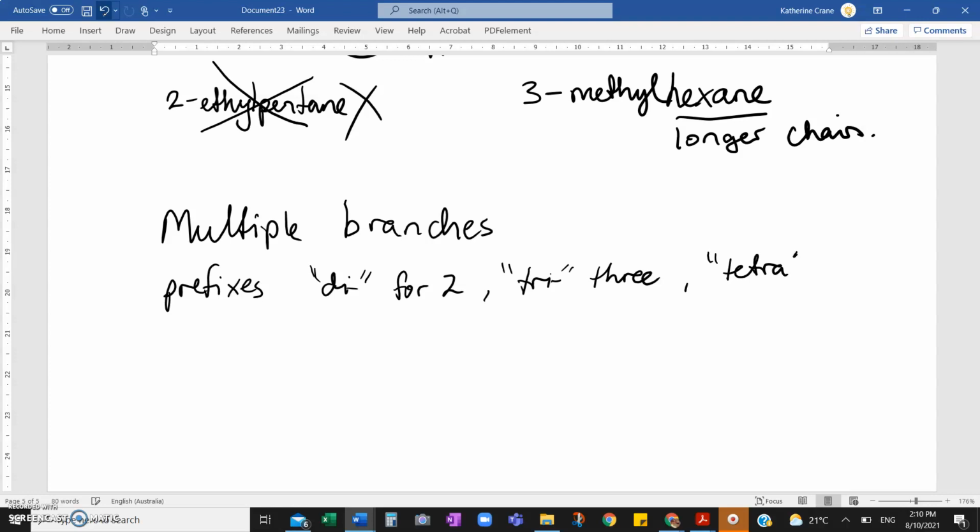When we look at halocarbons, haloalkanes, you'll notice that we use the same numbering. So firstly, how many branches of each type?